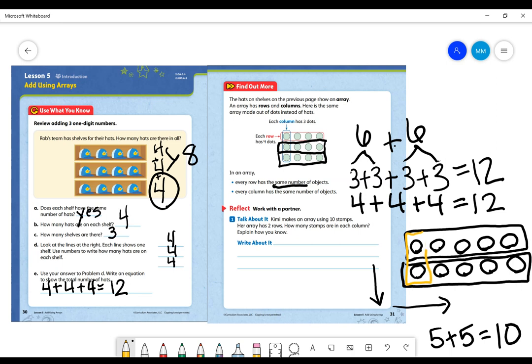So remember, I have to have the same number in each column. So I have 1 column of 2, 2 columns of 2, 3, 4, 5.